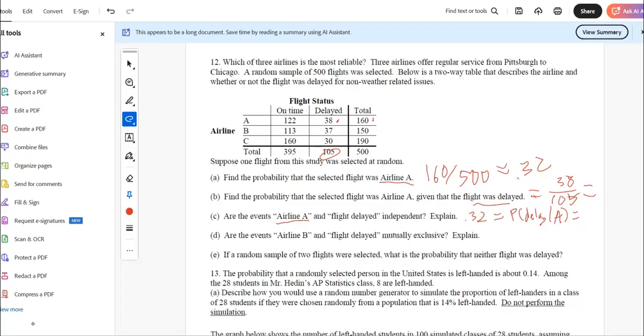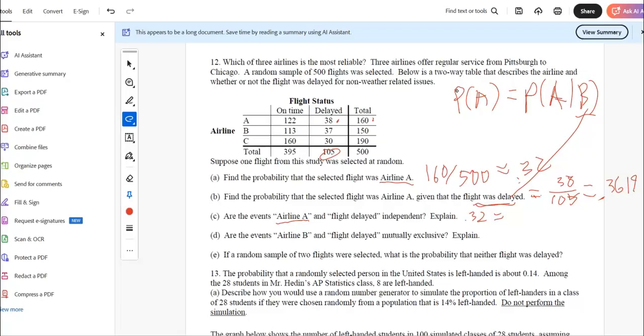So the formula is probability of A should equal the probability of A given that B has happened. In other words, B shouldn't have any effect on that. Well, we just did this. Given that the flight was delayed, that's our B, and that's 38 over 105, which is 0.3619.